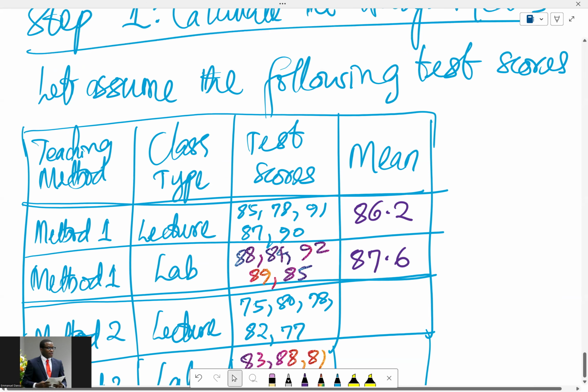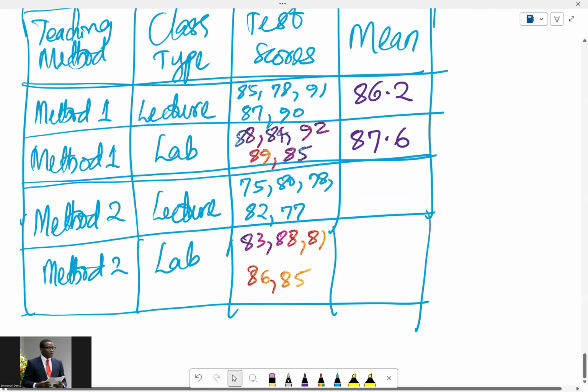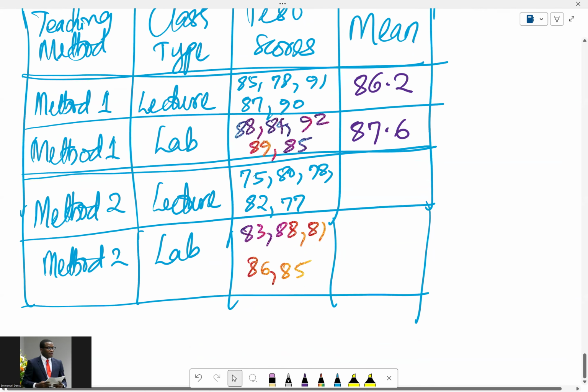So that's the first step, right? Calculate the group means. The next, we have 75 plus 80 plus 78 plus 82 plus 77.